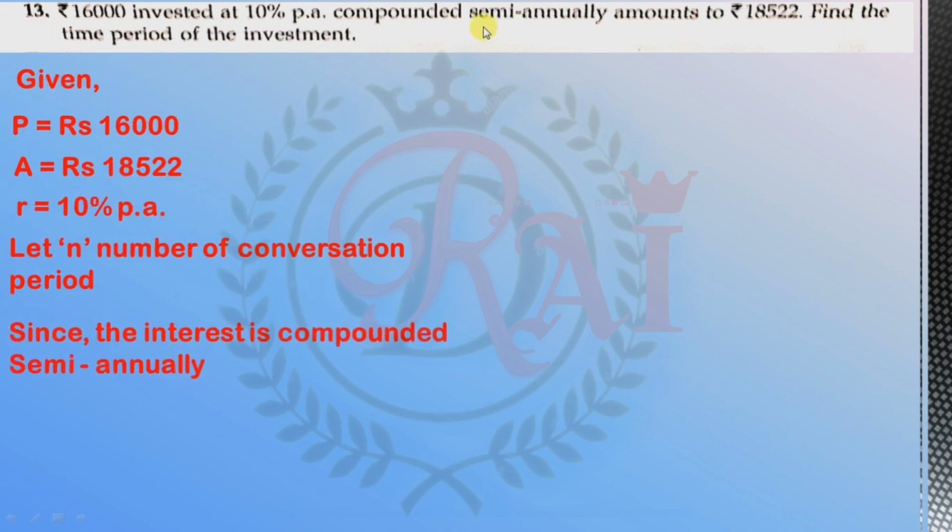Since the interest is compounded semi-annually, your amount is equal to P (1 plus R divided by 200) raised to the power 2n. So instead of 100 I'll write 200, instead of n I'll write 2n. This is the formula when the interest is compounded semi-annually.